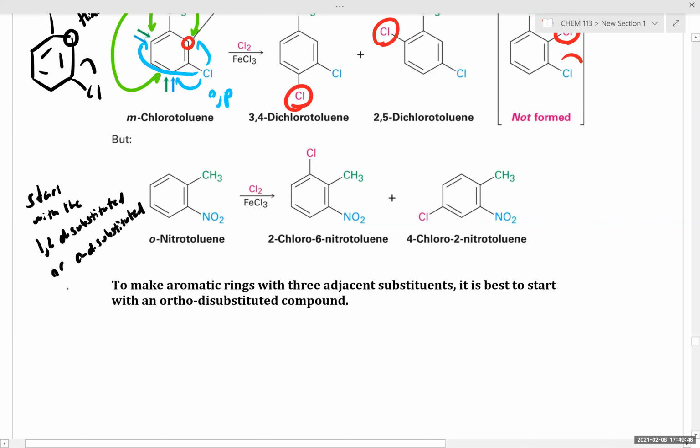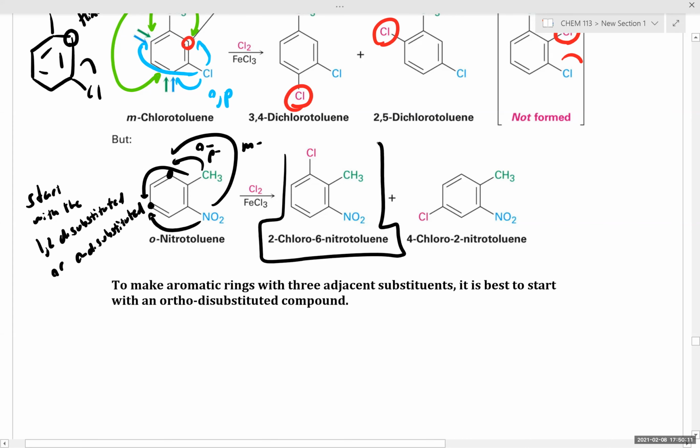So if you start from ortho-nitrotoluene, your methyl directs ortho, para and your nitro group directs meta. You have a synergistic effect, you're activating this ortho and para position relative to your methyl group, and it allows you to cleanly generate this tri-substituted aromatic ring.